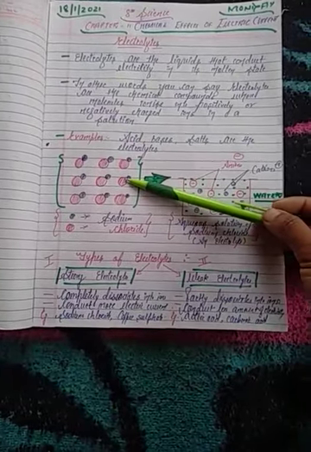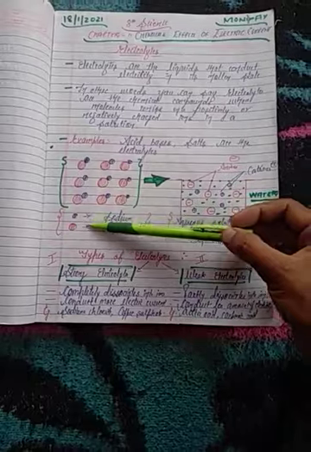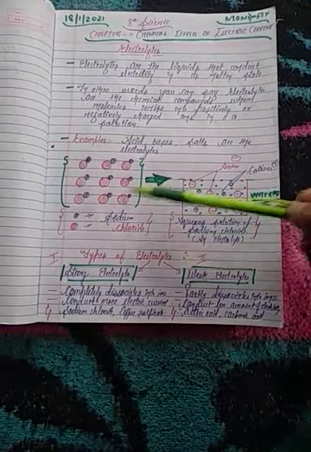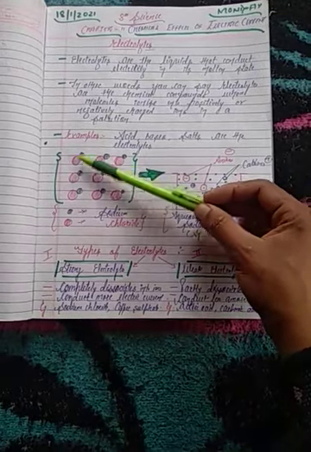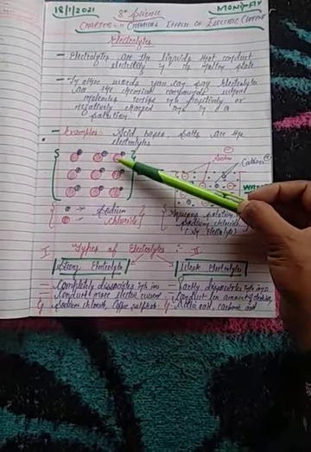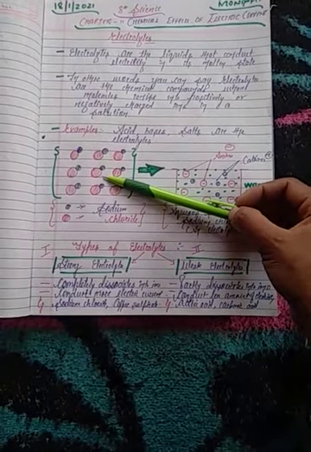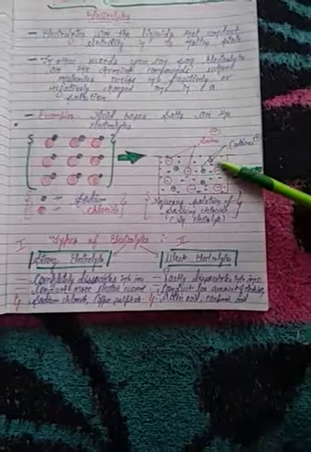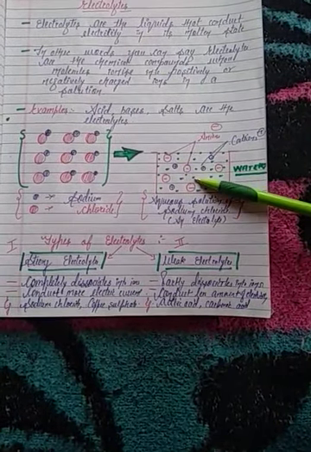Now look here, we have taken the example of sodium chloride. Here the red circle indicates chloride, whereas the small blue circle indicates sodium. So this is sodium chloride, and all these are the molecules of sodium chloride. When I have taken this chemical compound inside the water, this is the water inside the beaker, and the sodium chloride is also there.